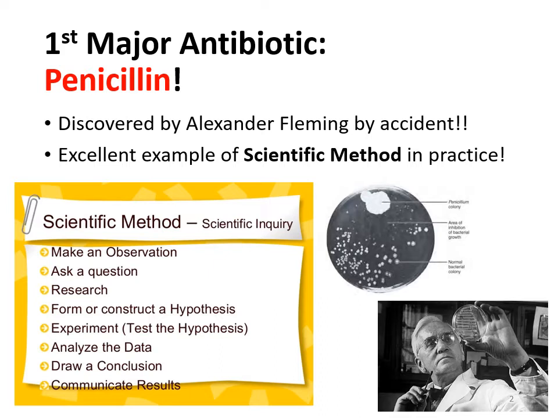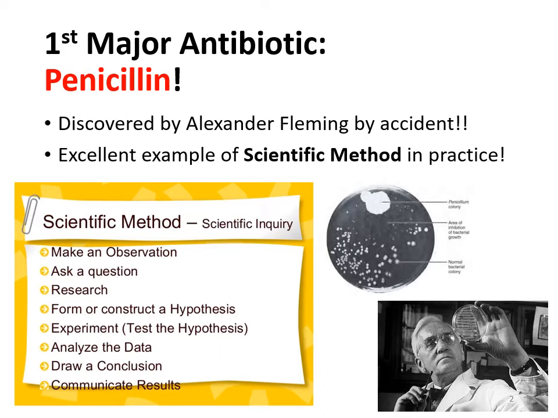You then collect and record data, and you see that in the experimental group, there should be no bacterial growth. The fungi should have killed off the bacteria. Whereas in the control group, there's no fungi present, so the bacteria should grow perfectly normal, perfectly fine.